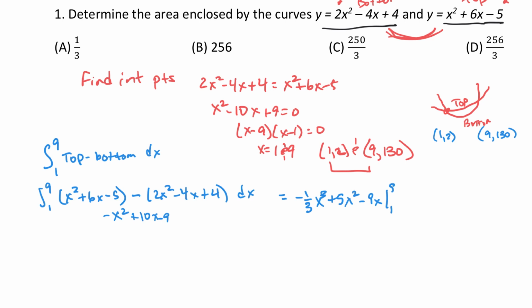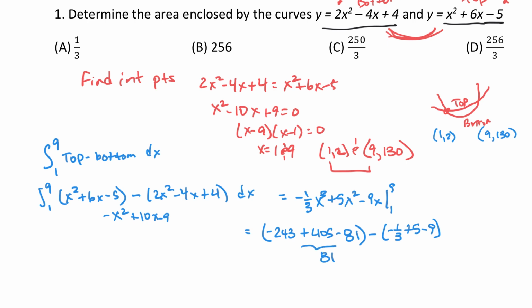So let's go ahead and solve this. I'm going to put in 9: 9 cubed is negative 729, plus 9 squared, 81, times the 5 will be 405, minus the 81. Subtract this from the value at 1, which is negative 1 plus the 5 minus the 9.